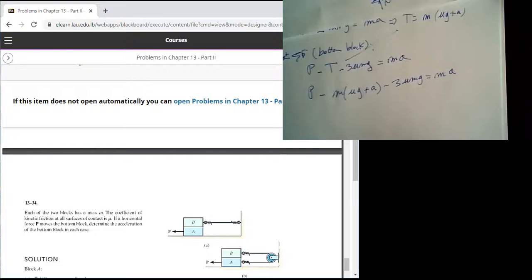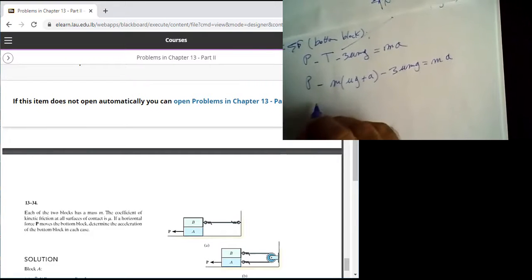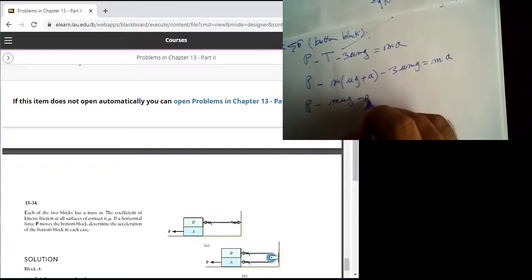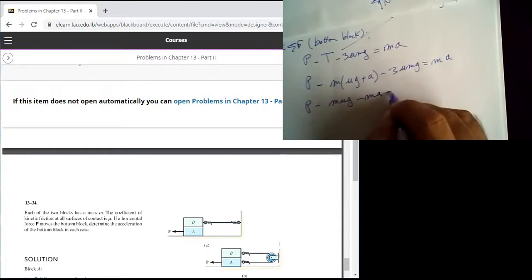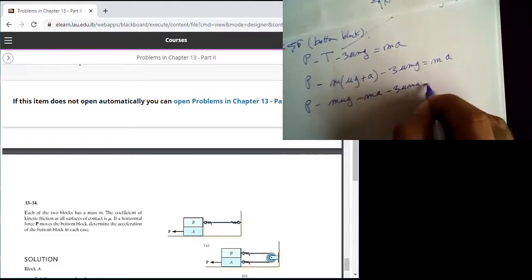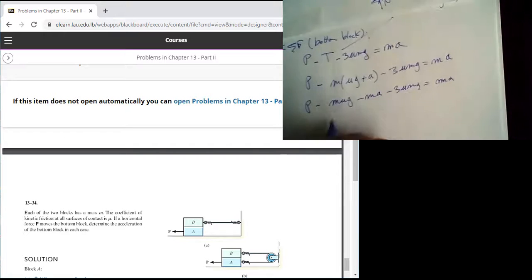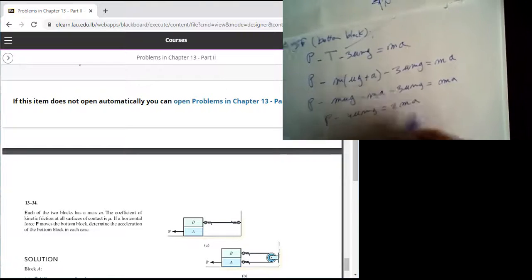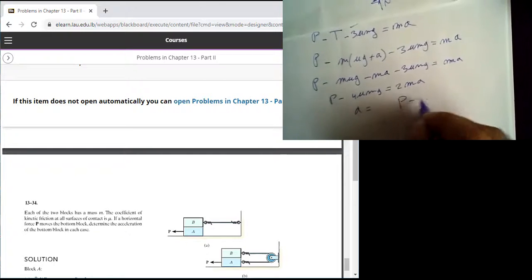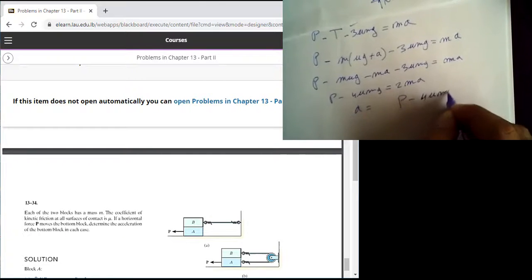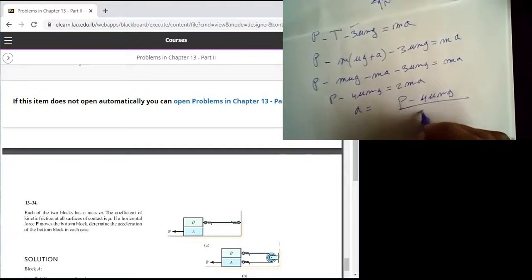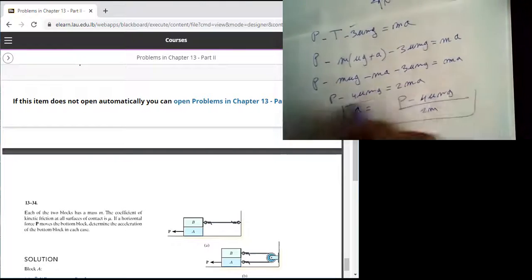Okay, so now we're good, we can find A. We can simplify it even more: P minus M mu G minus MA minus 3 mu mg is equal to MA. So P minus 4 mu mg is equal to 2MA. So A is equal to (P minus 4 mu mg) over 2M.